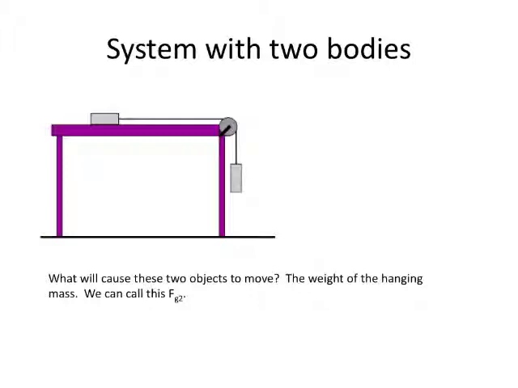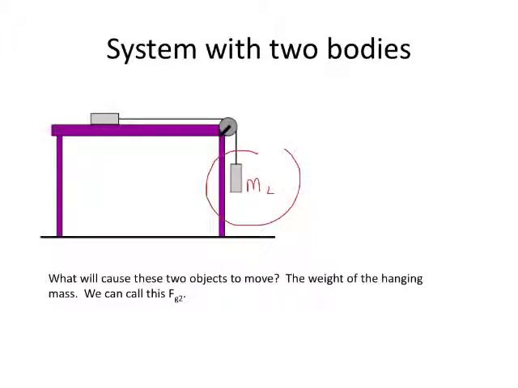So, a couple of things we need to ask ourselves about this system is, first off, what will cause these two objects to move? I think it's kind of common sense. If, say, you were holding on to the hanging mass and then let go, then it would start moving. Whereas as long as you're holding on to it, it's not going to move. So it's the falling mass, or mass 2, that causes the objects to move.